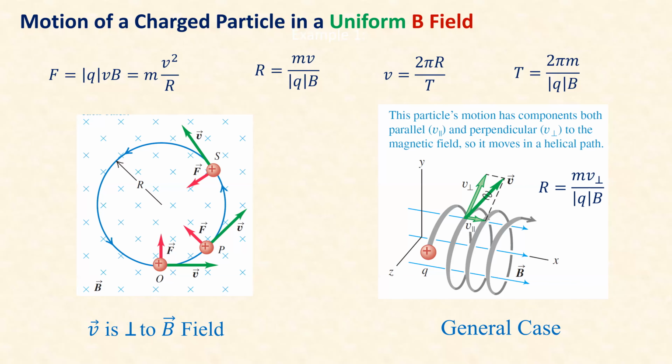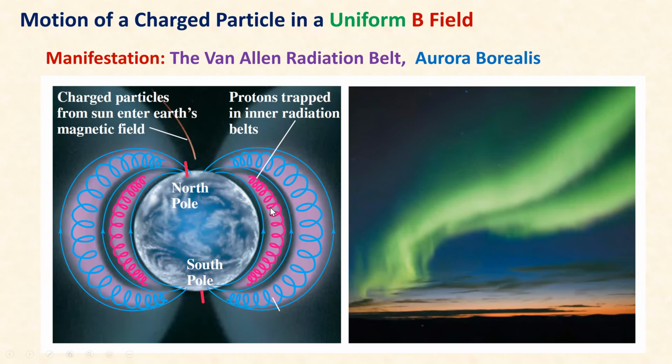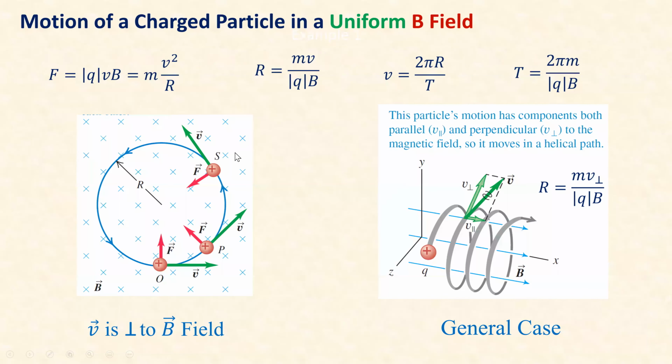All right, and we said that this happens in the magnetic field of the Earth because the sun sends some charged particles and they come close to the Earth, and they get trapped in the magnetic field of the Earth, and therefore go on these helical paths, almost helical, because you see it gets tighter as the magnetic field becomes stronger. See here, in the radius, the magnetic field is in the denominator.